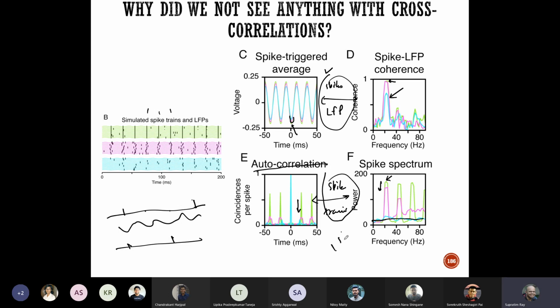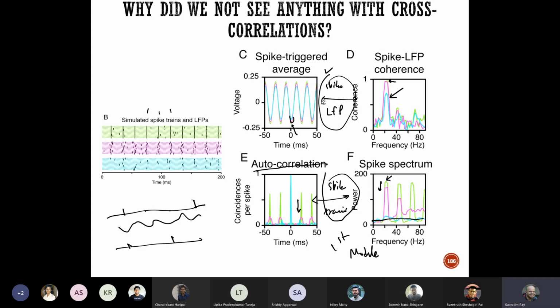This is what we did in the first module. We were just looking at the spikes without this clocking signal which is present in the LFP. And without that, it all seems random. Autocorrelation is flat, cross correlation is 0. You look at this and say, hey, it's all Poisson-like.